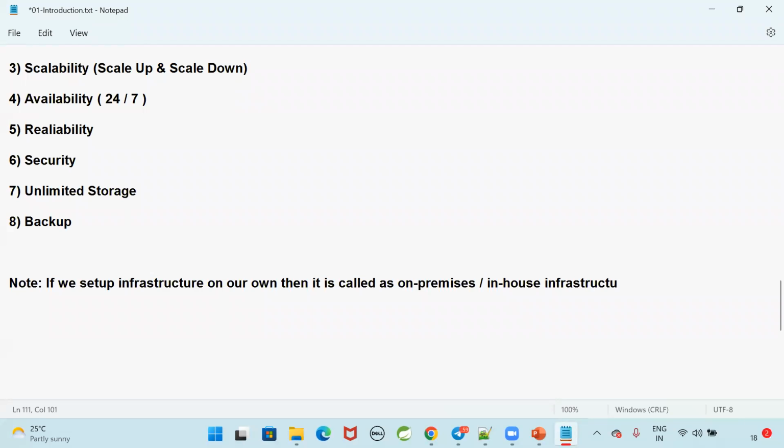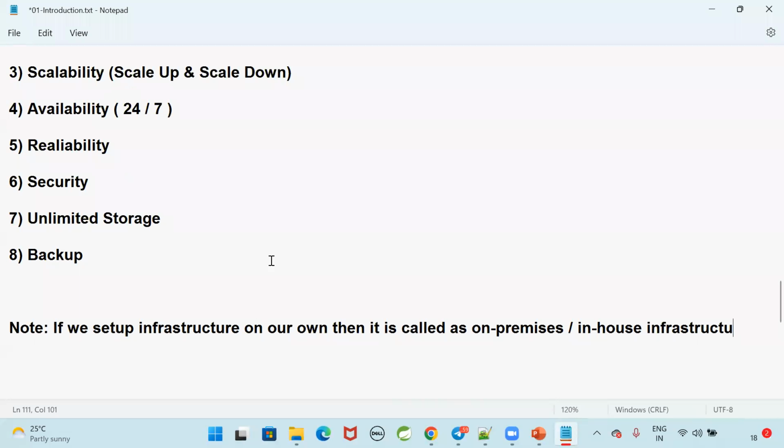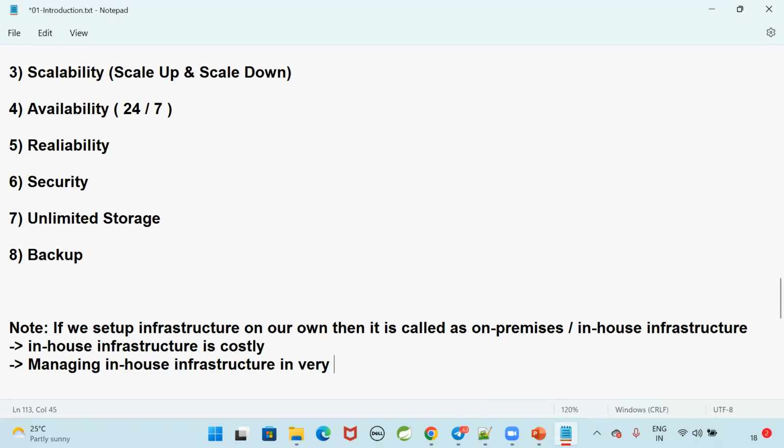Purchasing and maintaining in-house infrastructure is costly. In-house infrastructure management is very difficult because you need to take care of a lot of things.